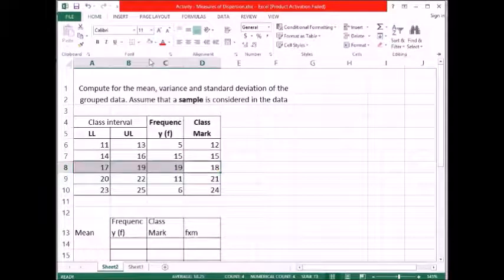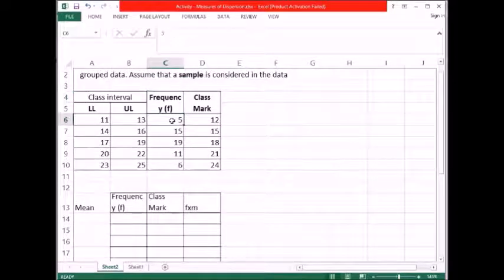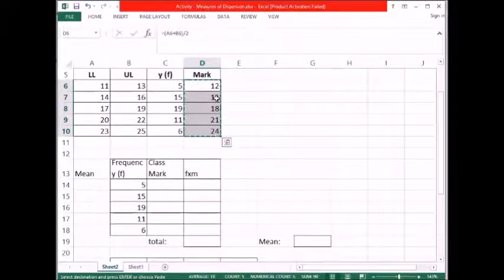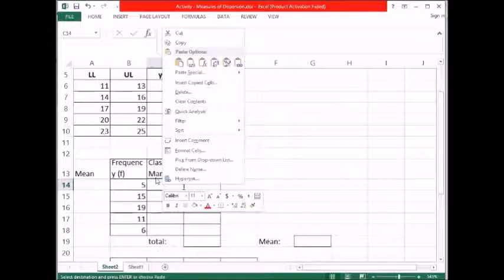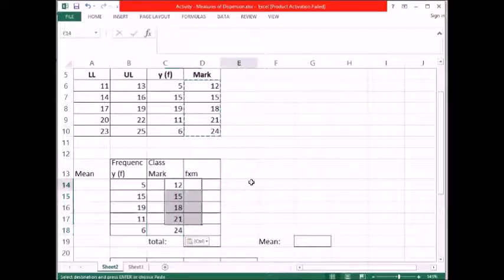Okay. So, let us start with the mean, no po. So, kopyahin na lang muna natin yung frequency and class mark, no? Para maayos. So, anyway, yung class mark ko pala, nilagyan ko ng formula. So, let us just do the right click. No? Then, hanapin nyo po yung paste values. Okay? Kasi kapag ang ginawa po natin, halimbawa, ito, nakakopy pa yan, di ba?